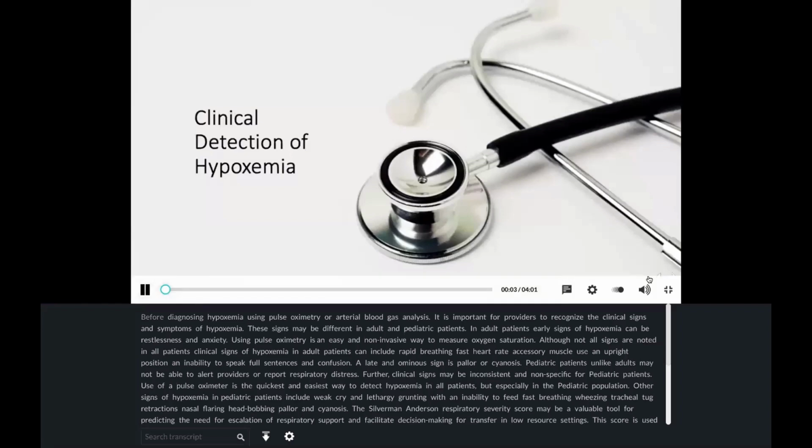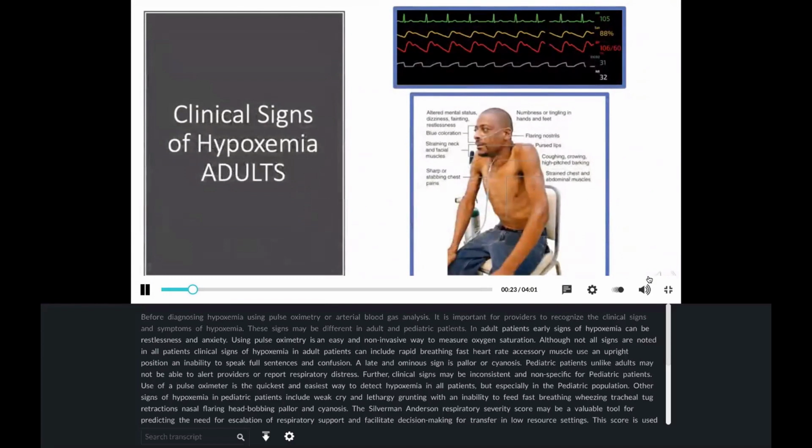Before diagnosing hypoxemia using pulse oximetry or arterial blood gas analysis, it is important for providers to recognize the clinical signs and symptoms of hypoxemia. These signs may be different in adults and pediatric patients. In adult patients, early signs of hypoxemia can be restlessness and anxiety.